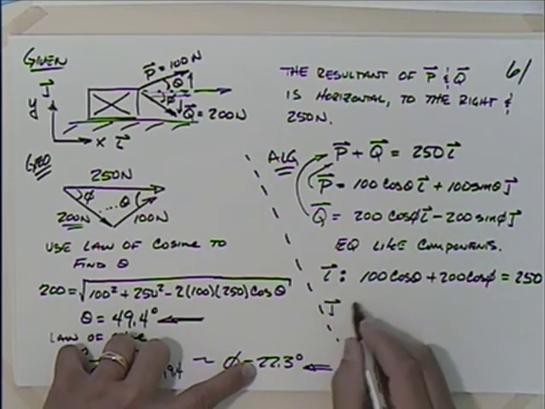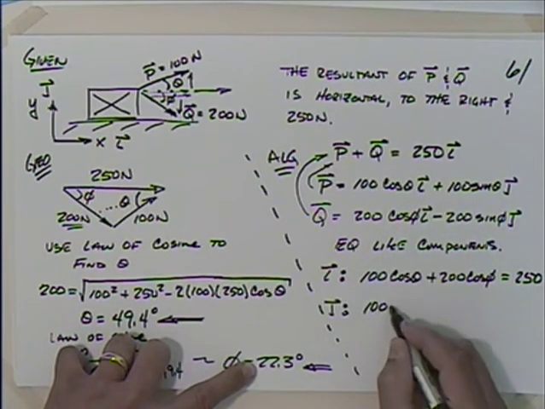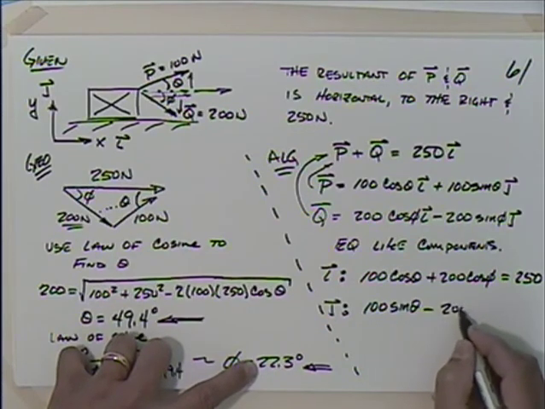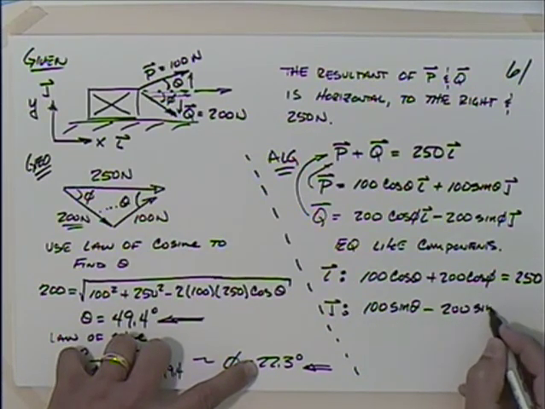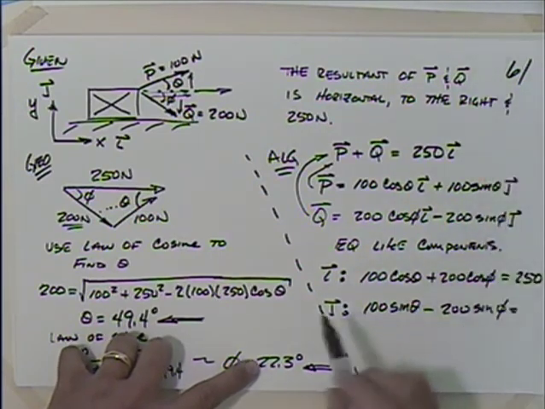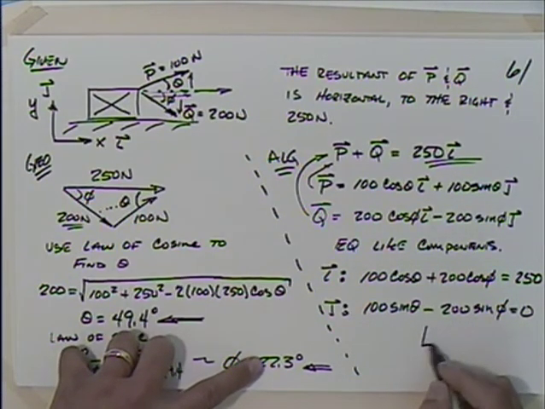Then for j, what do I have? Well, I'm going to have 100 sine theta minus 200 sine phi is equal to, there's no j over there, is there? So that would be equal to 0. So with this, I have what?